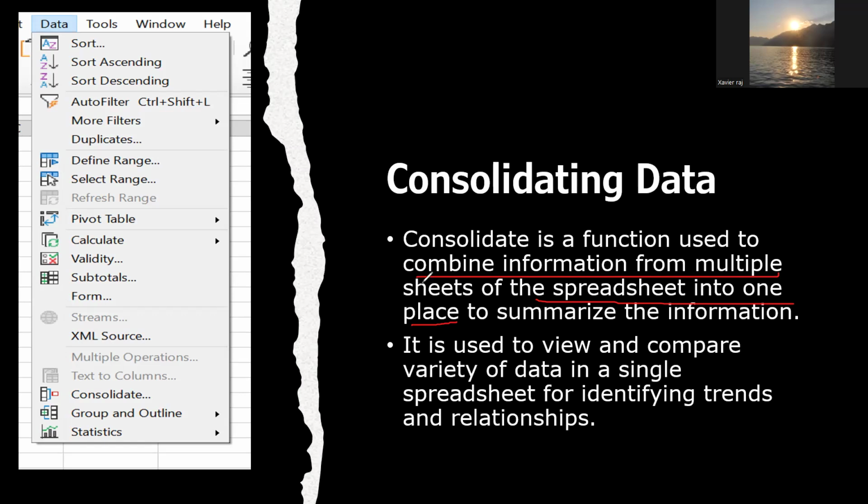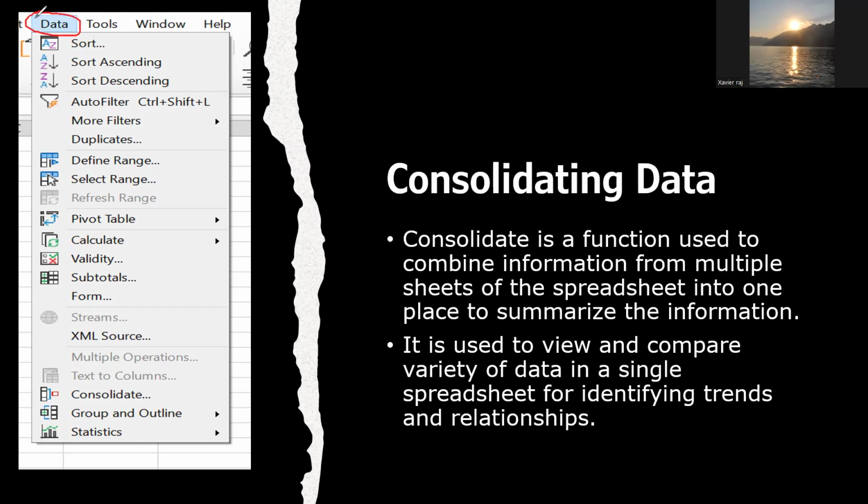And this consolidating the data, from where will we get it? We know that we are going to use LibreOffice Calc for this purpose, but where we are going to get it is a menu in LibreOffice called Data.